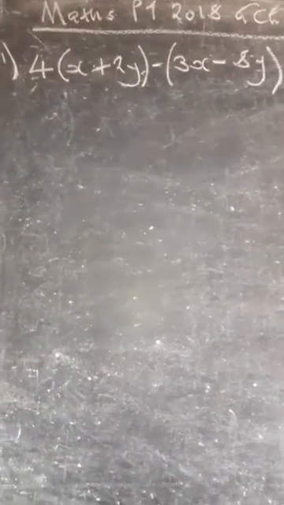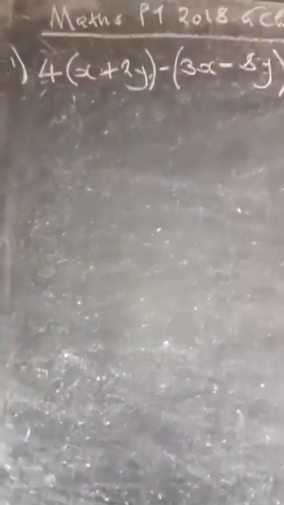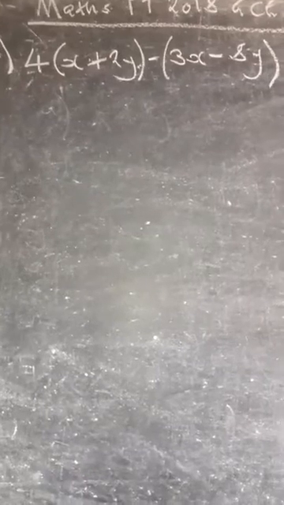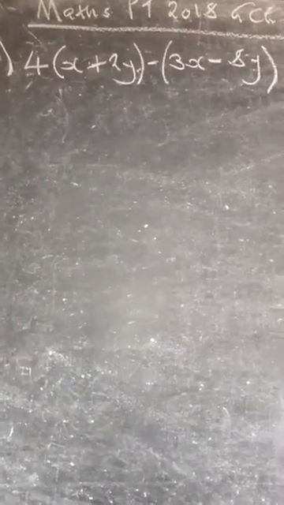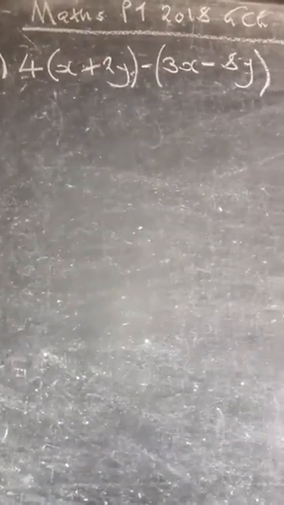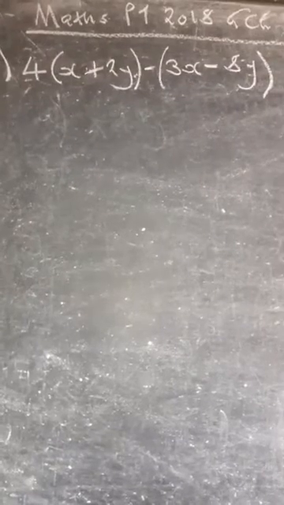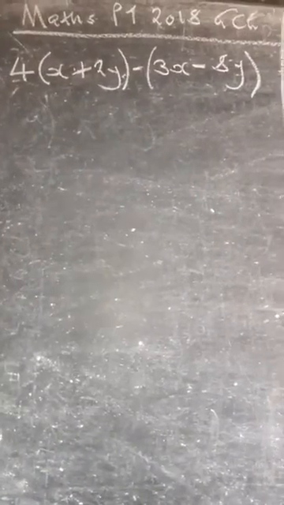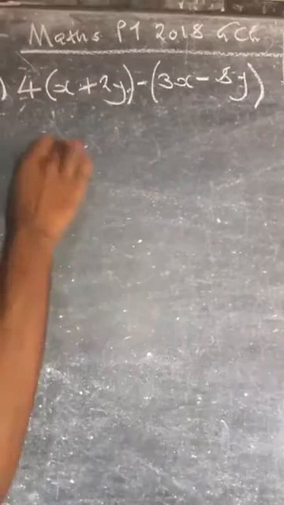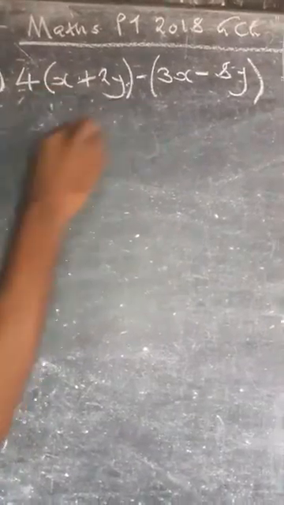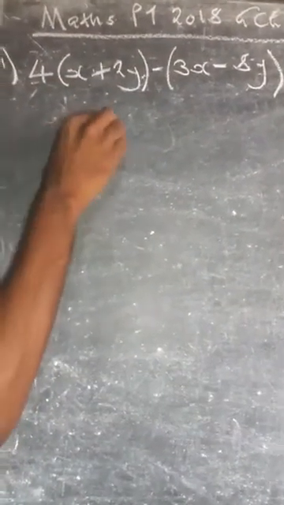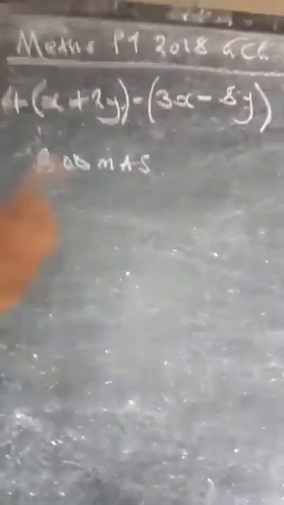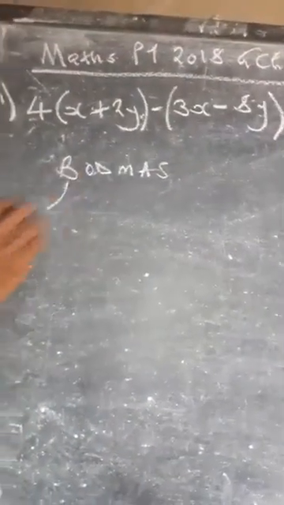So for the first one, we are simplifying 4x plus 2y minus 3x minus 8y. The first thing that you look at here are brackets. You did BODMAS. That means you first look at the brackets.